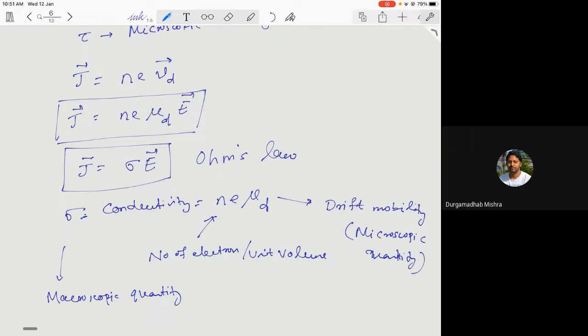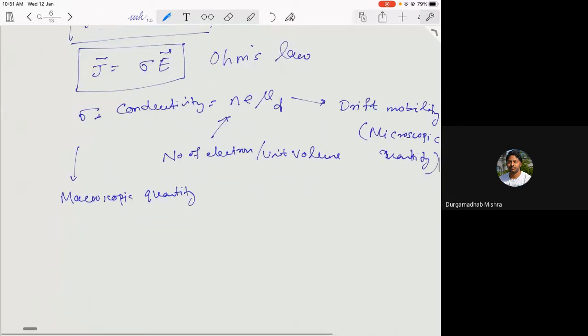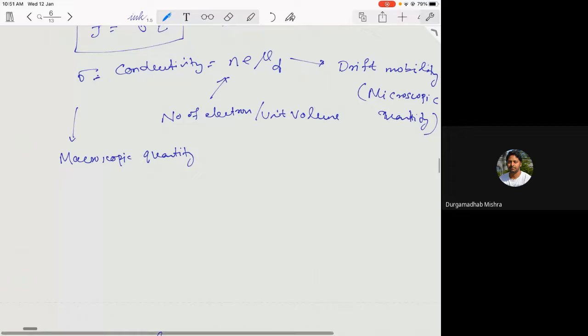So why is mu D so important? Mu D is important because when we talk about electronic materials and want to compare their properties, normally we talk about their mobility. What is the mobility of the charge carrier in those materials?